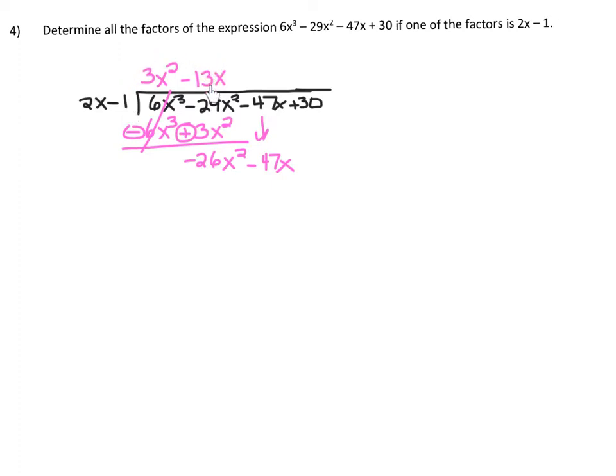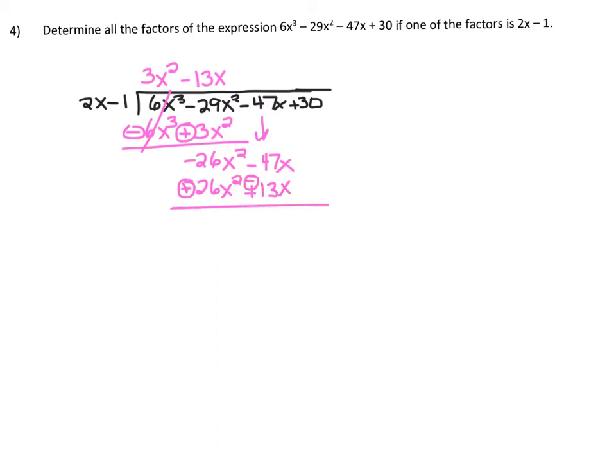Negative 13x times 2x would be negative 26x squared. And then negative 13x times negative 1 would be positive 13x. So let's subtract. To show we're subtracting, we change our sign and circle.